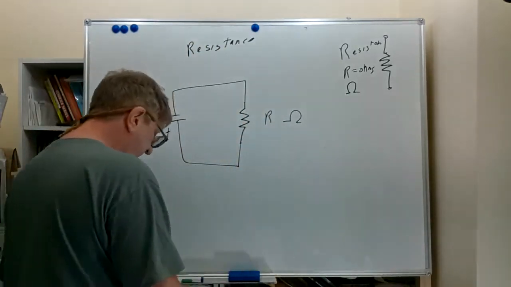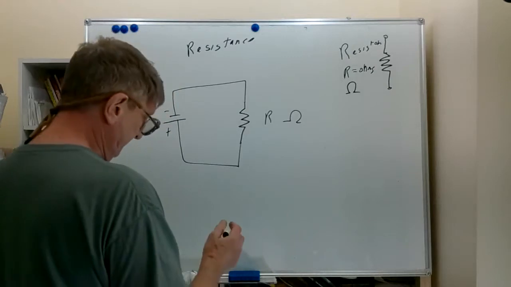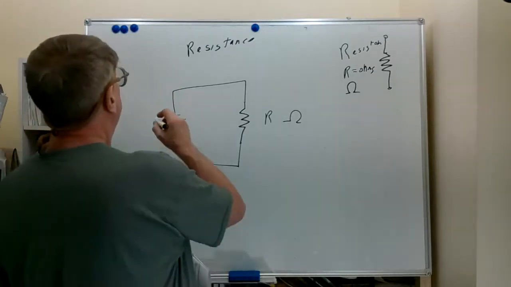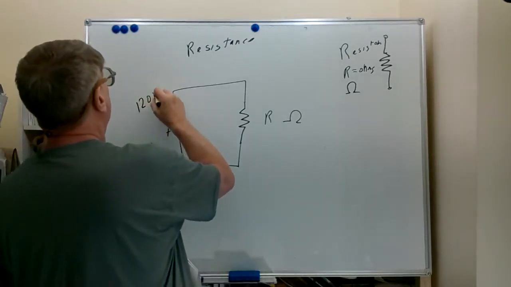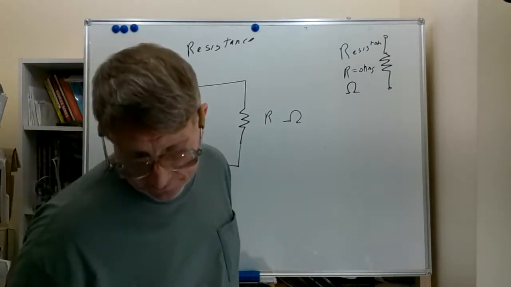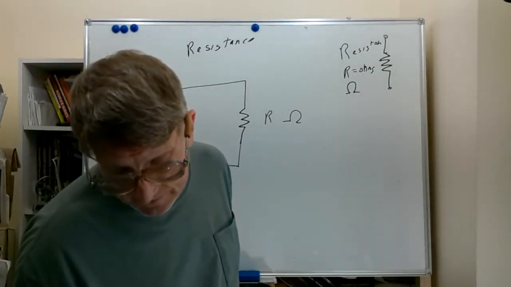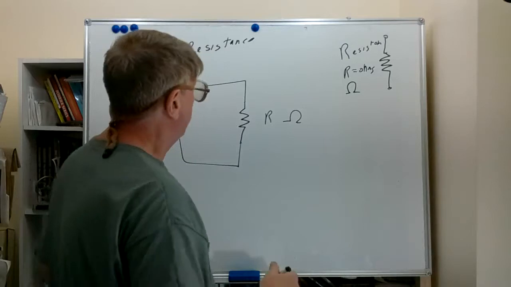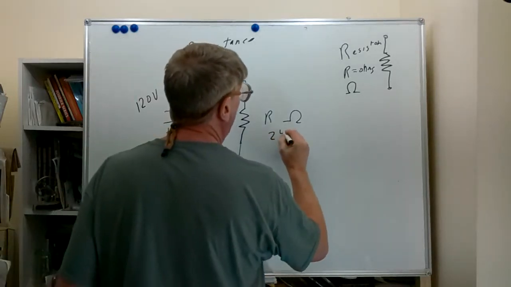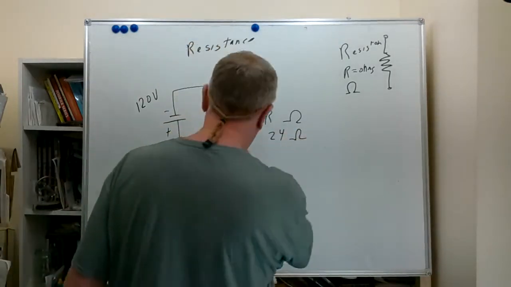And let's talk just a little bit. Let's say we had 120 volts here. And suppose this resistance was 24 ohms.